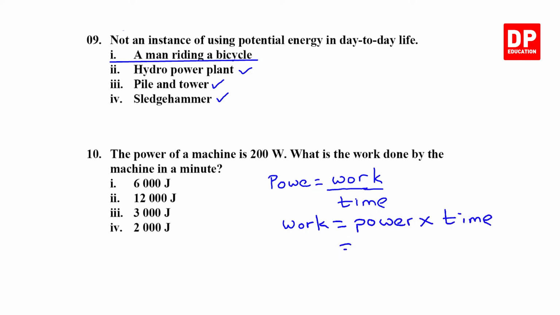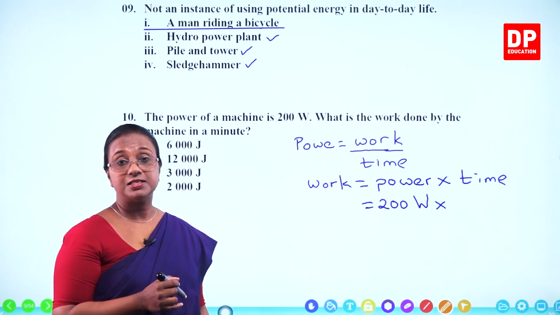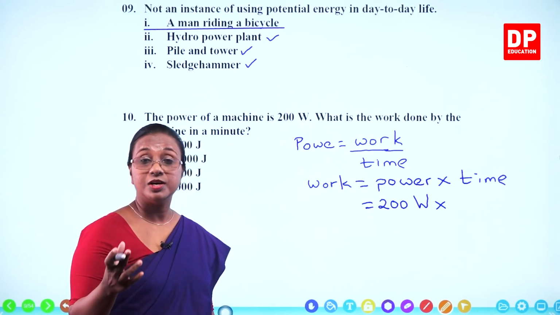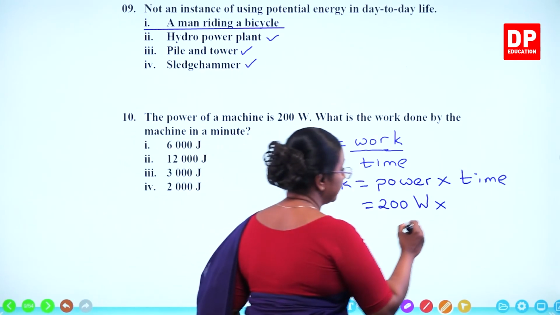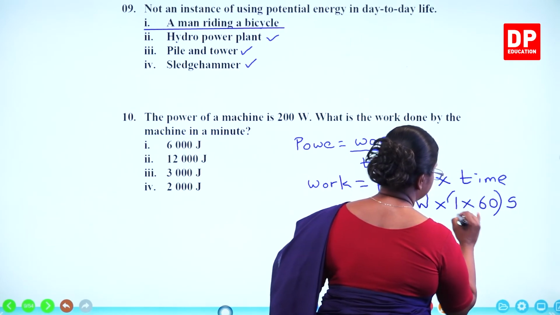So power is in watts, 200 watts, and time should be in seconds. Here the time is given in minutes. So 1 minute converted to seconds, multiplied by 60. 1 into 60 seconds.